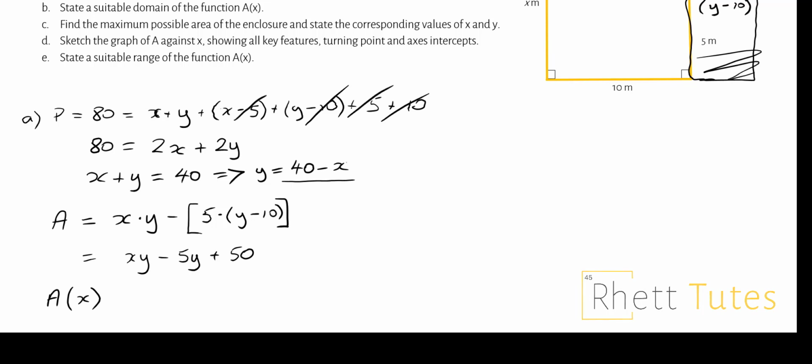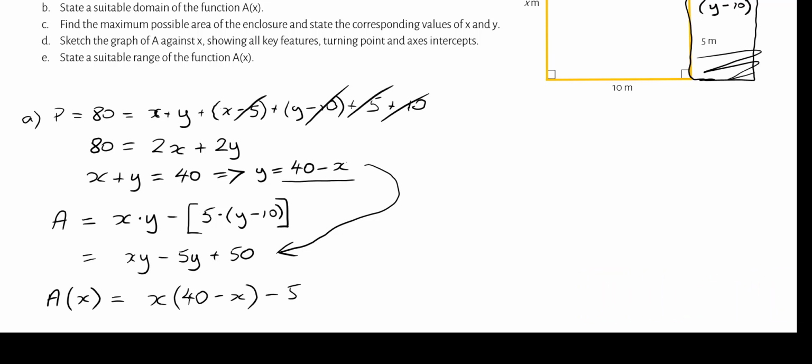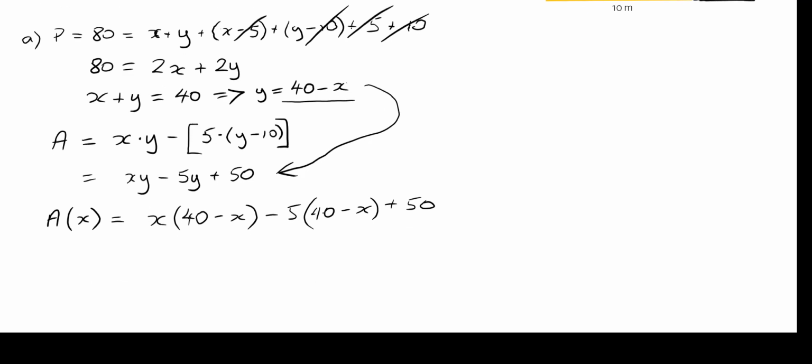Now, in order to get A in terms of x only, I'm going to substitute this piece of information that I figured out earlier, y is equal to 40 minus x, into here. So A in terms of x only, wherever I see a y, I replace it with 40 minus x, minus 5 times 40 minus x, and then you've got the 50 in the end.